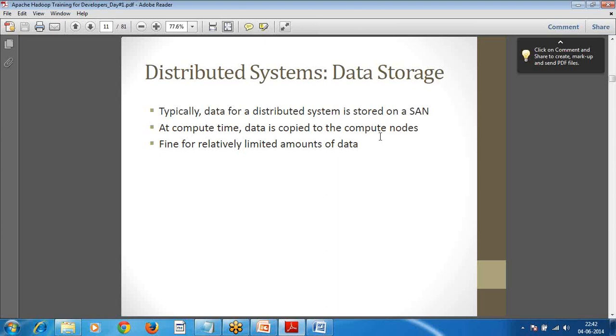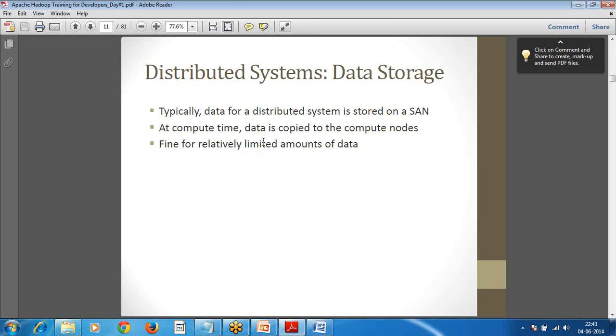So it's like you're copying data from one place, putting it into a machine, and then running your job. What is happening here is that the time it takes to copy data from a network storage to the individual machine used to be huge for larger files. That's why this works fine only when you have a limited amount of data.